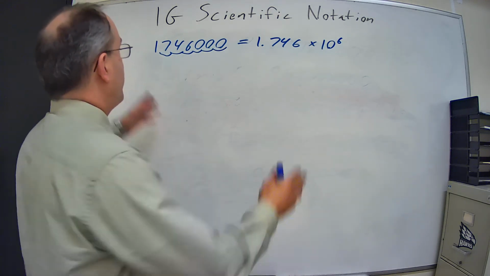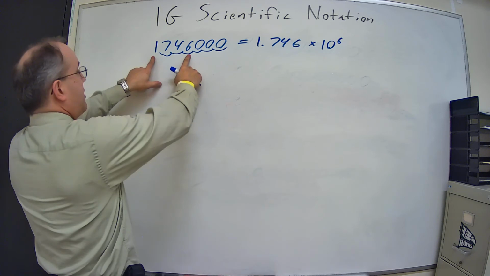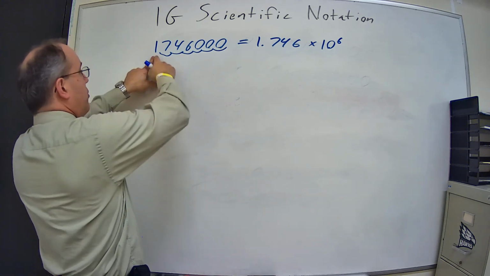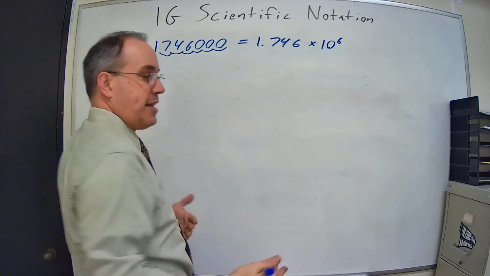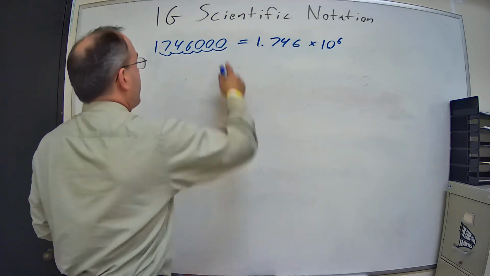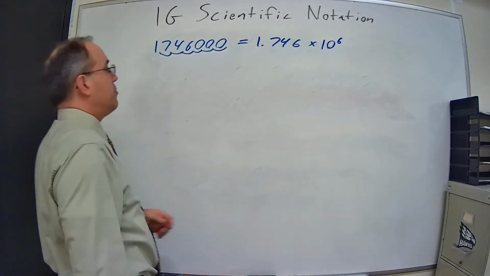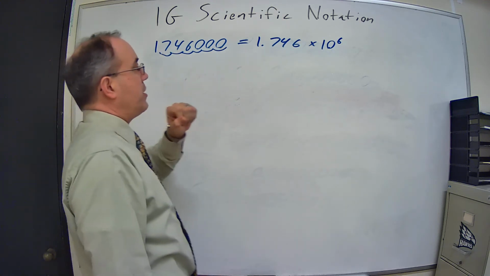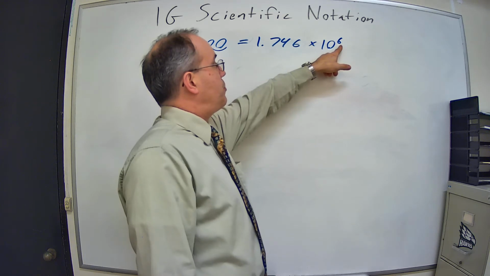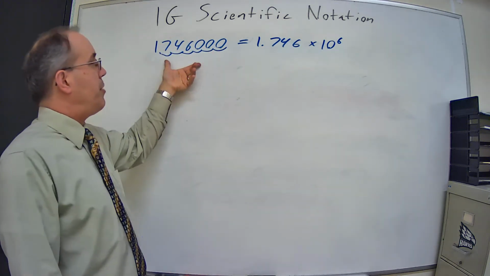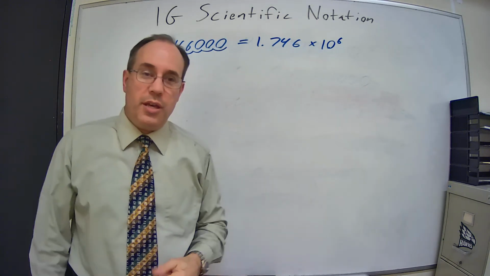So we just break it into two pieces. Take this number and turn it into a decimal with a number in the ones place, so make it a decimal number between 1 and 10, and then count how many places we need to move the decimal point, and that becomes our exponent. If we're dealing with a large number, the exponent will be positive.